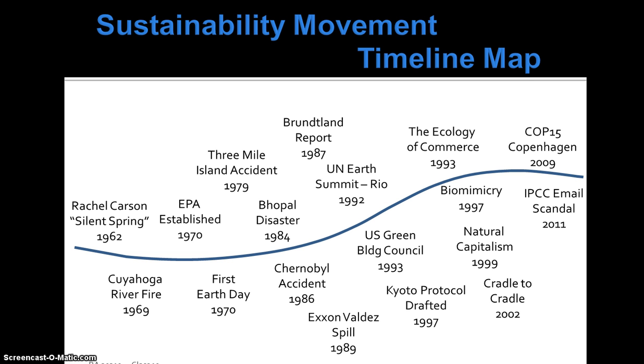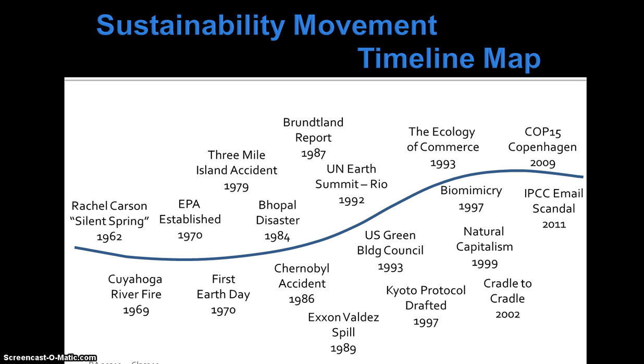And then the Intergovernmental Panel on Climate Change, the scientific body that's doing a lot of research and publication around carbon and climate, had a huge scandal where they were doctoring their results and it became public. So you can see the timeline sort of comes into play.